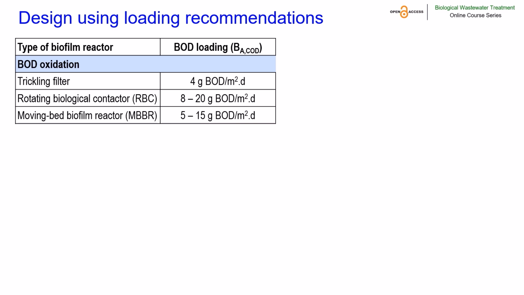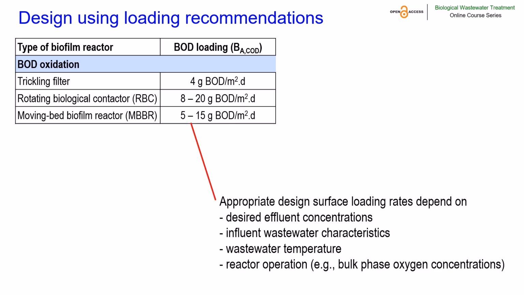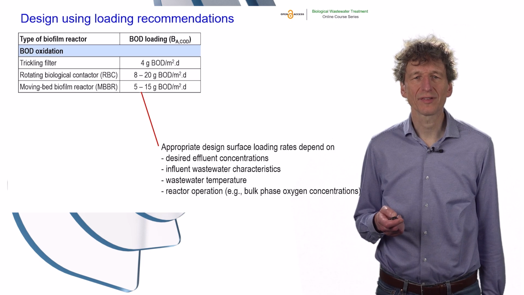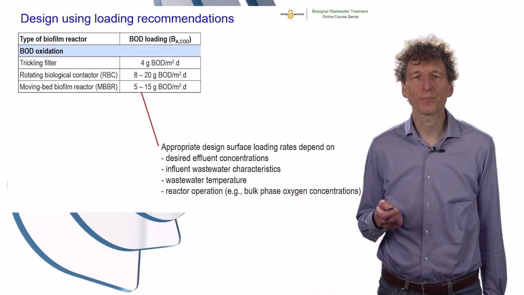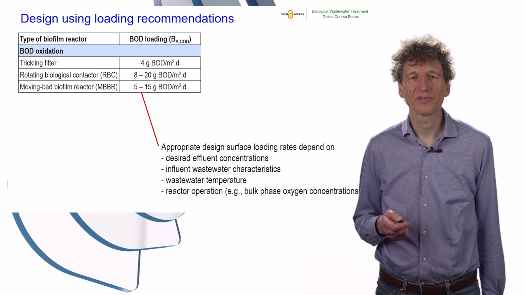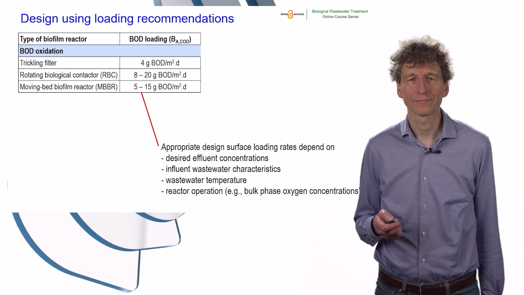Ultimately, design surface loading rates depend on desired effluent concentrations, influent wastewater characteristics, temperature, bulk phase oxygen concentration, and reactor operation. Tabulated design surface loadings are often not providing such crucial information and should be used with caution.